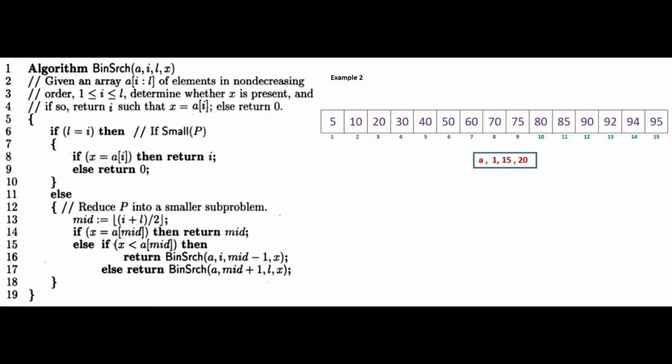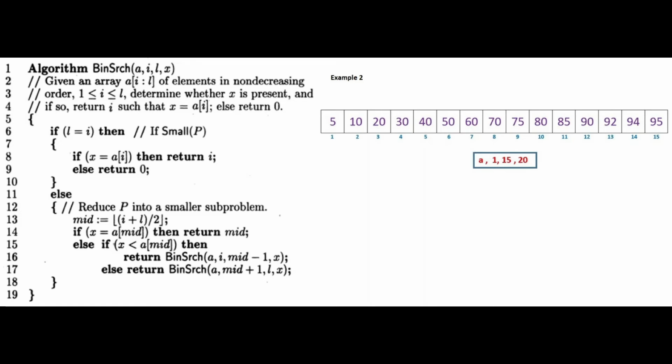We search for item 20: is 20 present in the array or not? So we create a root node, and we are at the beginning of the main function, binary search of A comma I comma L comma x.